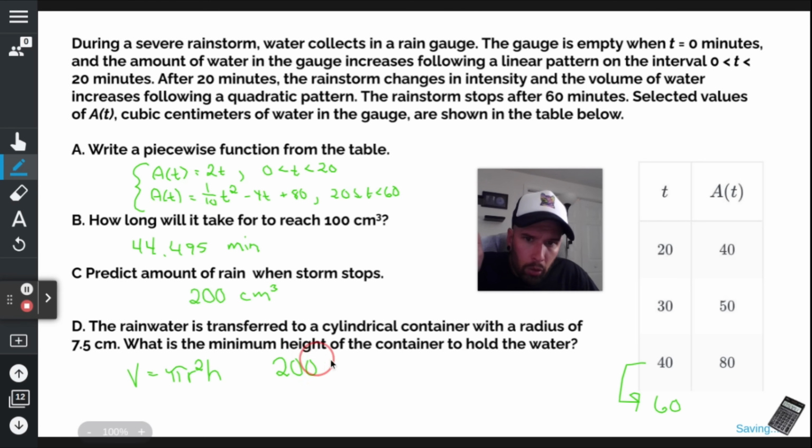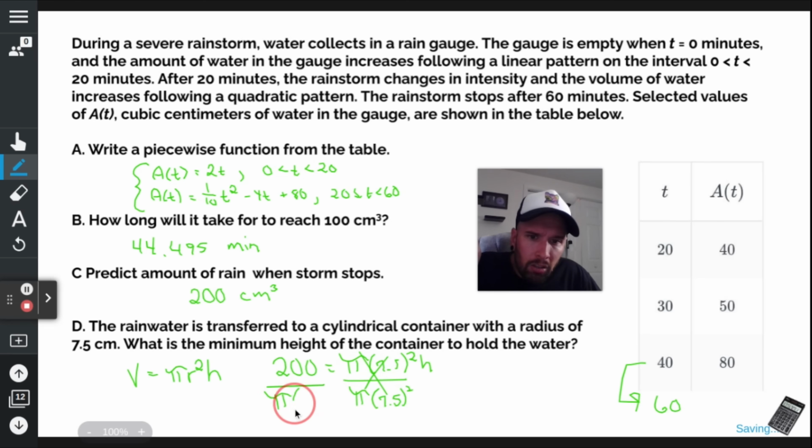So 200 is going to equal pi 7.5 squared h. So in order to do this, I have to divide both sides by pi 7.5 squared, and I think this requires a graphing calculator.